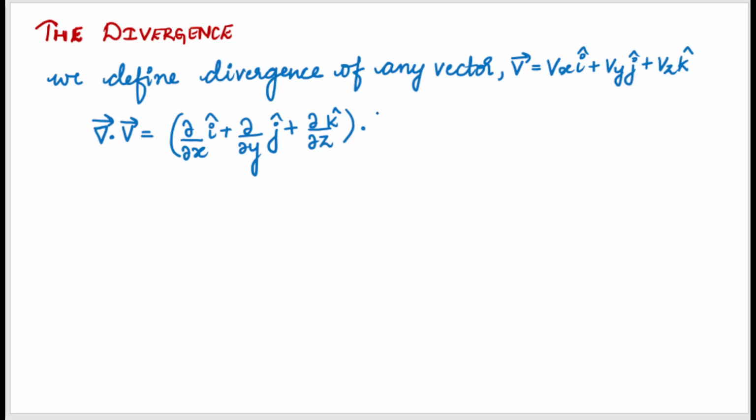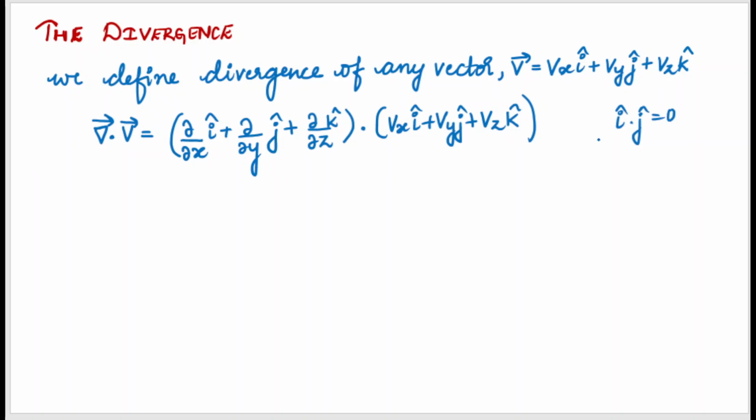Now the dot product with v vector, which is vx into i cap plus vy into j cap plus vz into k cap. The dot product of i cap with i cap will be 1, whereas i cap dot j cap will be 0.